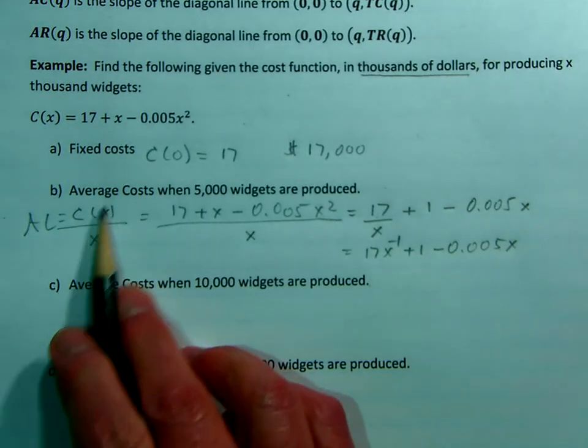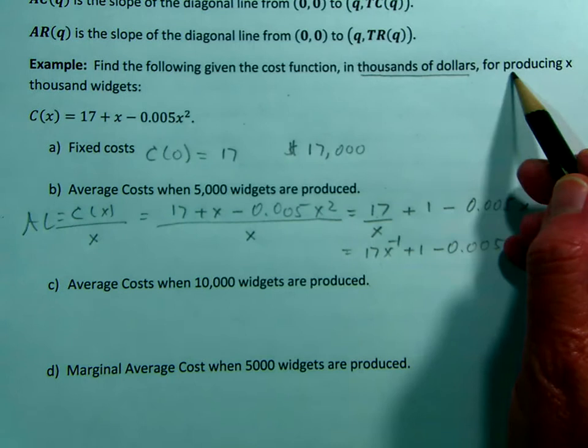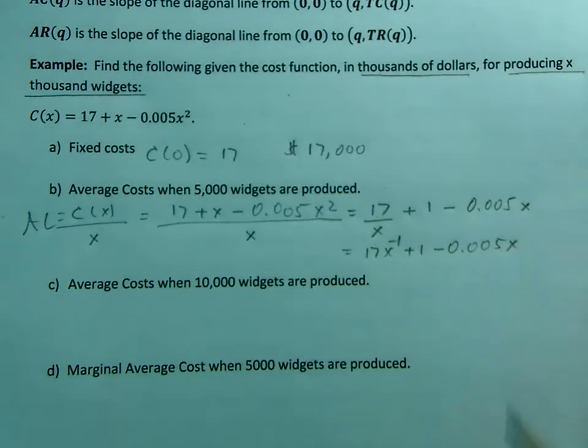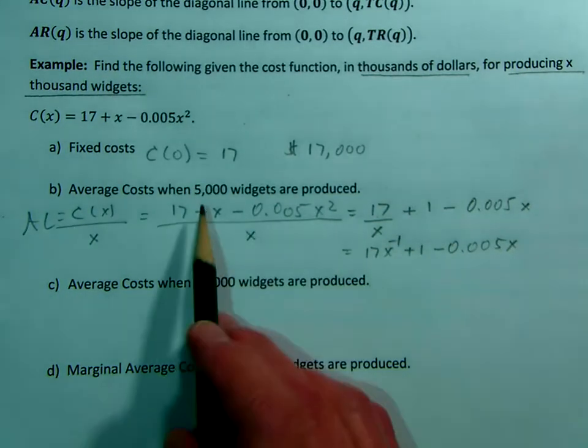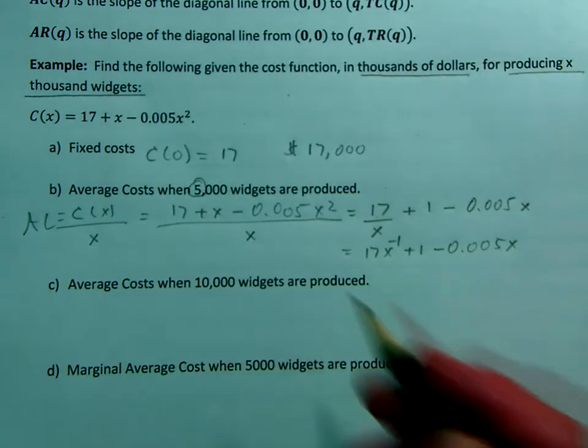Now to evaluate the average cost at 5,000 widgets, since we're talking about a function given to us for thousands of widgets, we would sub in a value of 5 into the average cost function.